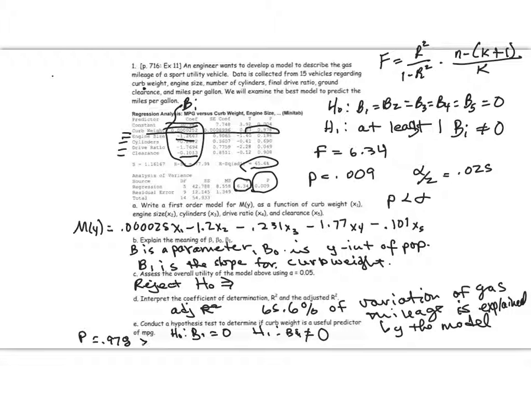That is greater than alpha over 2. So we would fail to reject, and we would eliminate that variable from our correlation. So we would be down to 4 variables after that, because that's not a useful predictor. And we don't want that in our equation.